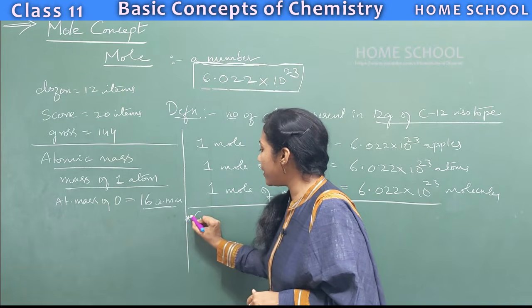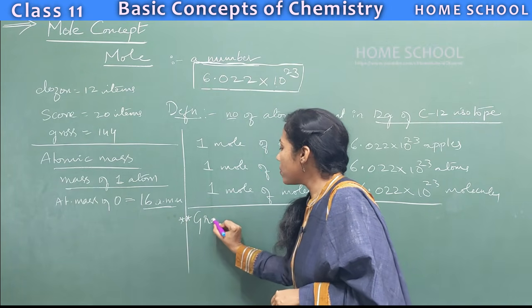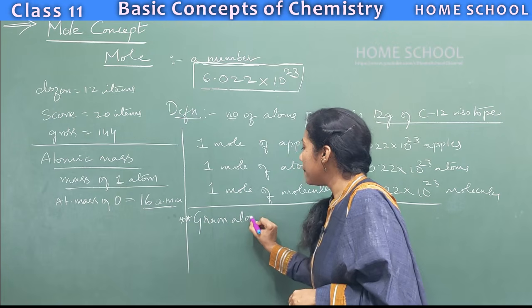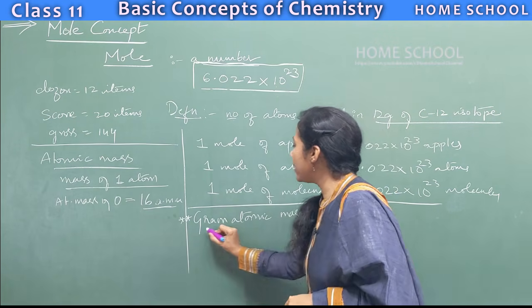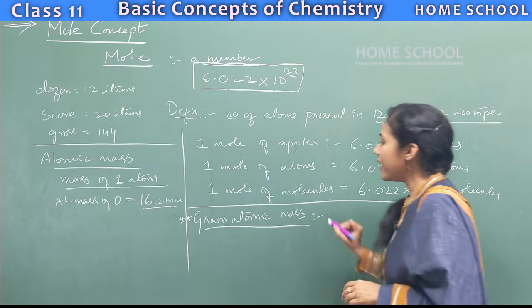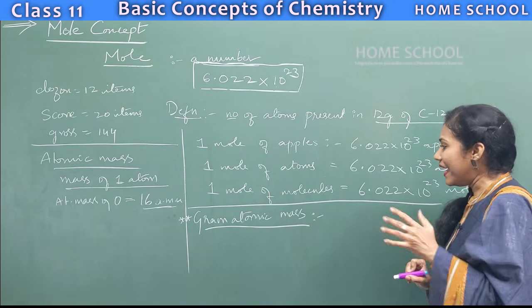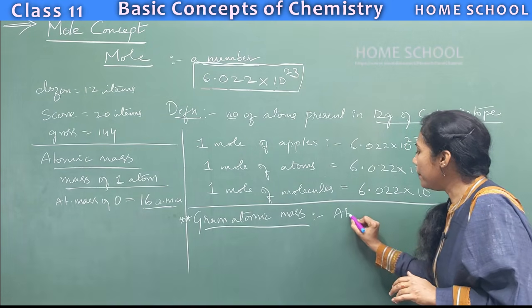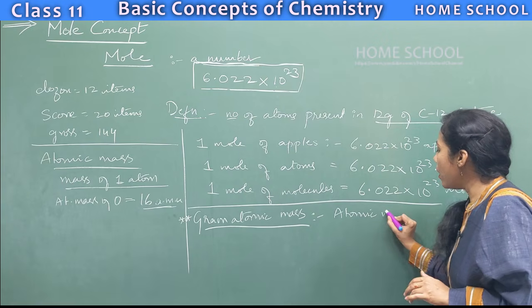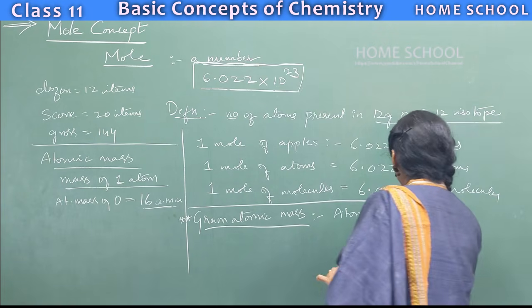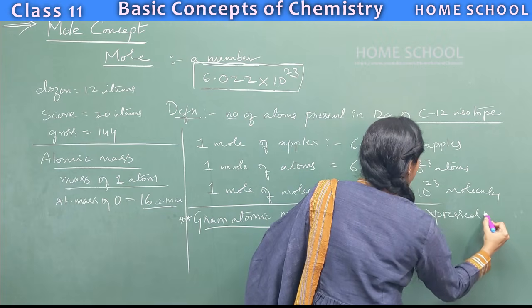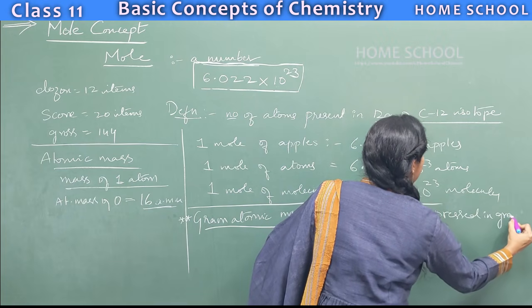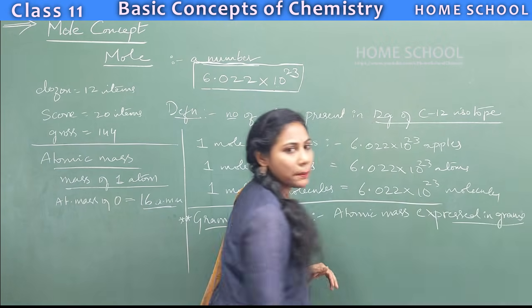And now I am talking about gram atomic mass. This is very important. So what do you mean by gram atomic mass? In the normal way, I can say that atomic mass expressed in grams is called gram atomic mass.